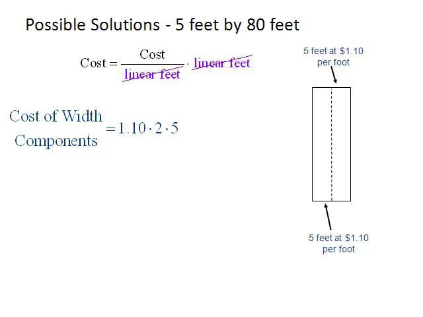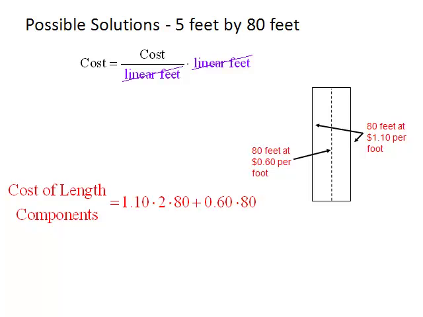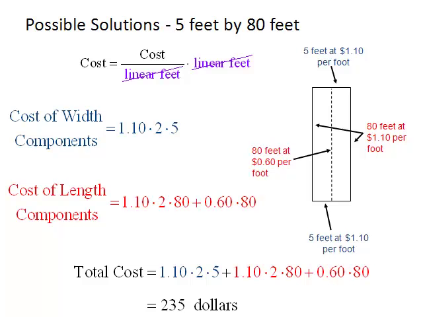The 2 comes from the fact that there are 2 width components that cost $1.10 per foot. The cost of the length components comes from the 2 80-foot sections costing $1.10 per foot and the single 80-foot divider costing 60 cents per foot. Putting these components together gives the total cost of fencing for this enclosure: $235.